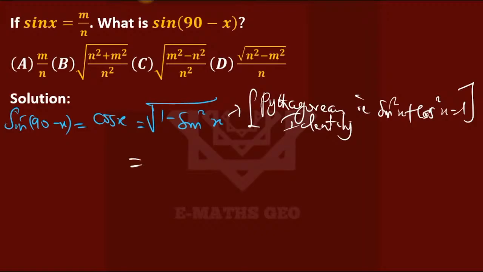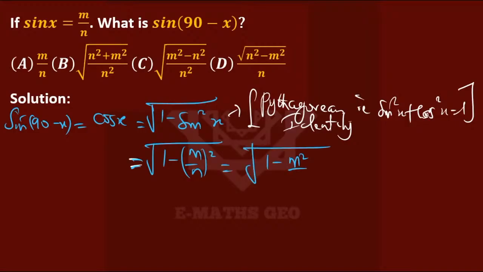So now we'll substitute the value. The value of sine x is m over n. So we'll have the square root of 1 minus m over n all squared, which is the square root of 1 minus m squared over n squared. So from this, the LCM is n squared, so we have n squared minus m squared.